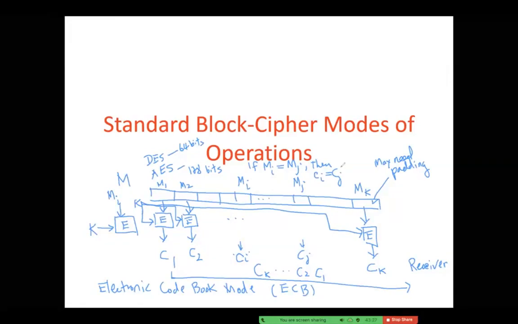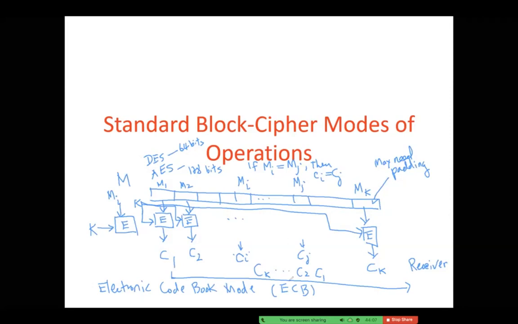The attacker using a network tap, using a sniffer, can then find out in this message that CI is equal to CJ, which infers the structure of the original message, which can be used to assist in deciphering this message M. So this is not good. Such a situation is not what we want.